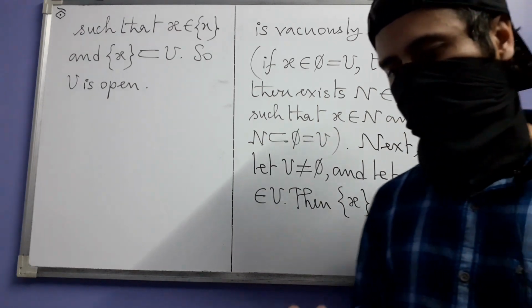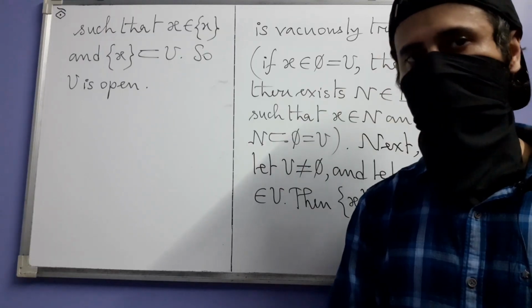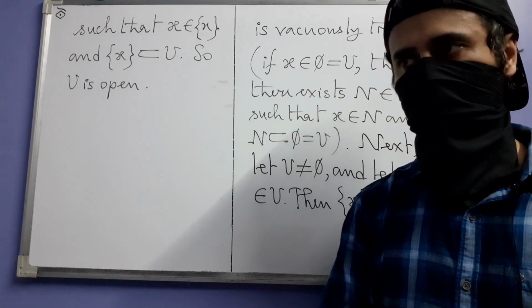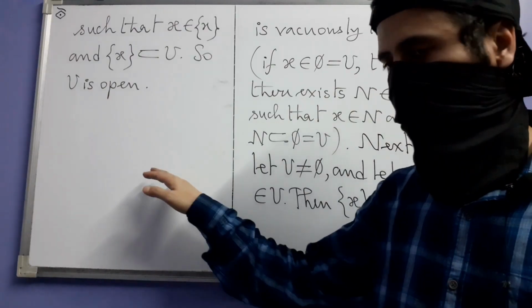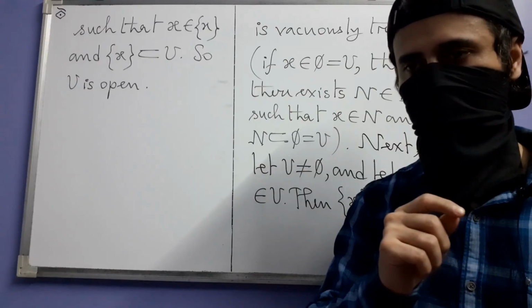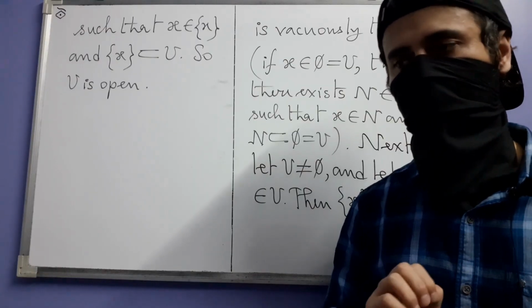And let me just end the video here itself. Next week on topology, we are going to first of all prove that the way we have defined the topology generated by the basis B, that really is indeed a topology.